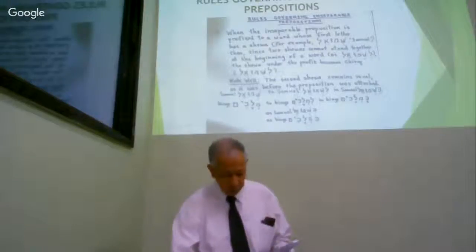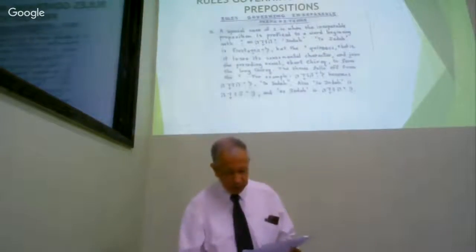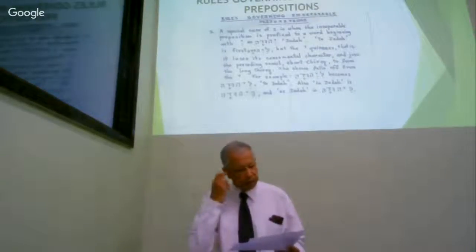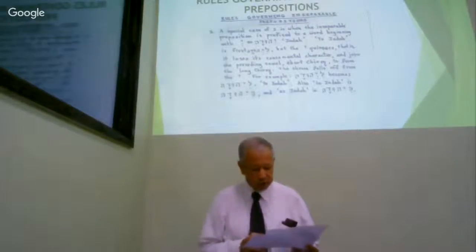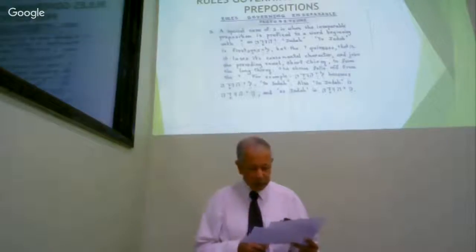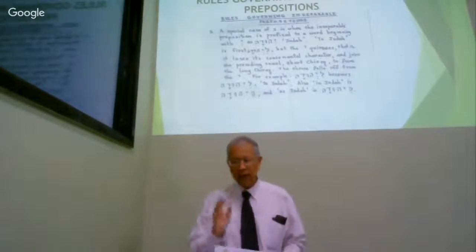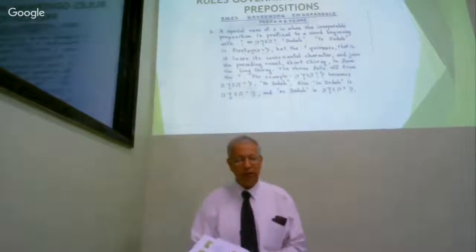Okay, here is another rule, but you don't need to know this one for your exam. I'll go quickly through it, and in the new trimester, go over this lesson to refresh your memory. But number 3, you don't need to know this rule for the exam. A special case of 2 is when the inseparable preposition is prefixed to a word beginning with ye.